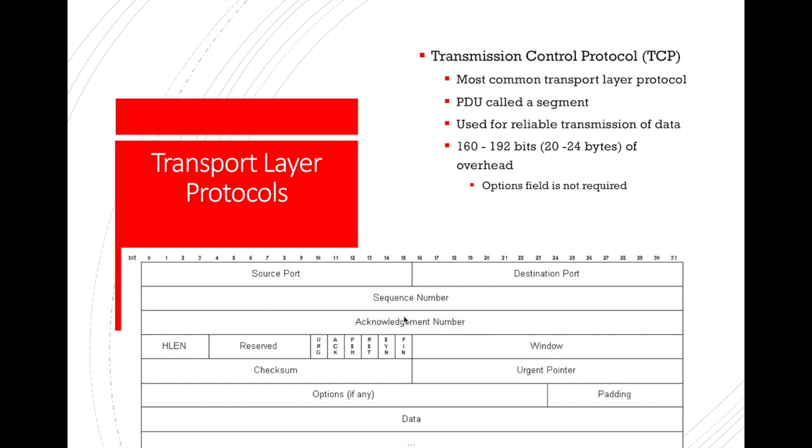It has an acknowledgement number. It has the H length. It has a bunch of different flags that we can take a look at. These are acknowledgement and SYN flags, which are used in communication. You'll have checksums, urgent pointers, padding, and finally you'll have some of the data.